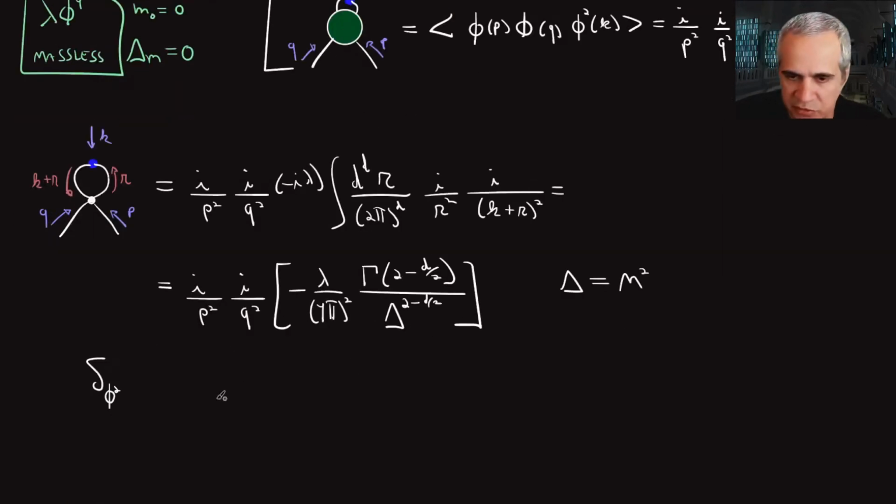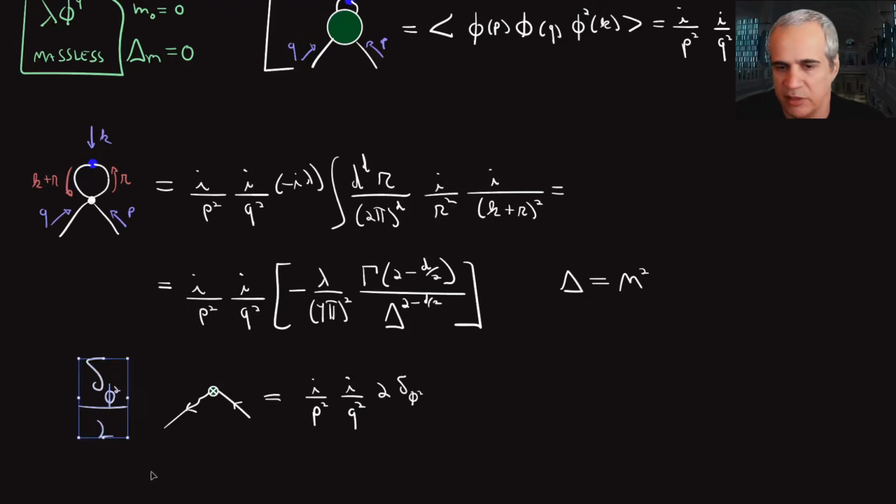This introduces some Feynman rule of this sort, and this is given by these two external legs. That's the rule for this guy, times 2 delta phi 2, just because I'm not putting factors like that. I didn't put it for phi squared, so I'm not putting this factor of 2 for the delta phi squared.